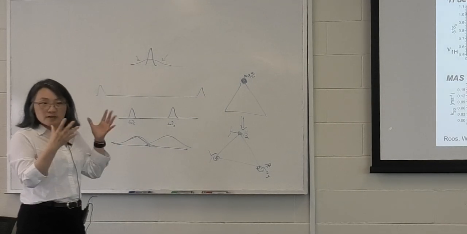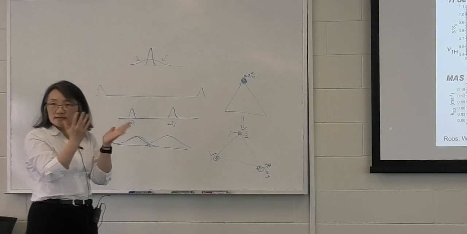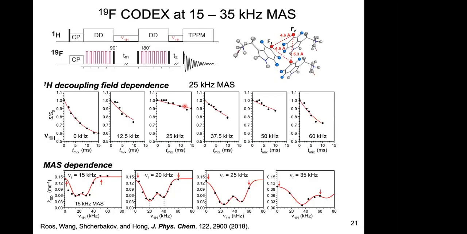So because in CODEX there's only a single isotropic shift, it's actually better to keep the zero quantum line shape a little broader, and don't do any proton irradiation. So follow the simple approach. I think the second MAS dependence does not really make too many new points here.